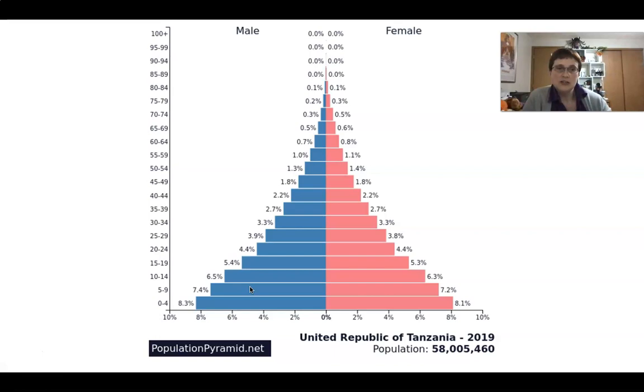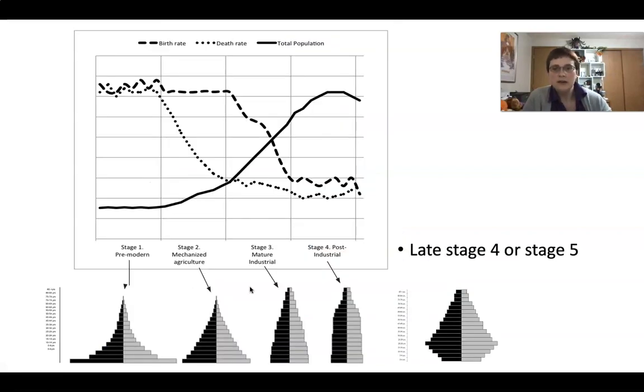This is stage 2. So let's go back and look at what's the difference between stage 1 and stage 2. Because some of you pointed out in the lab manual, it states there are no stage 1 countries anymore. And that is true. We have no stage 1 countries in the world.